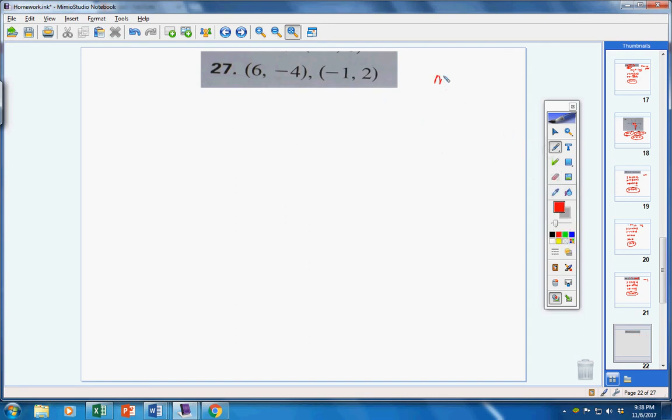Now, choose one of these points. Doesn't matter which one. I'm going to use this one. Here's my formula. Here we go. y minus y, which is 2, equals m, which is negative 6/7, times x minus x, which is negative 1.